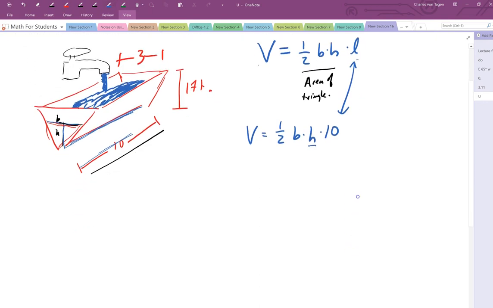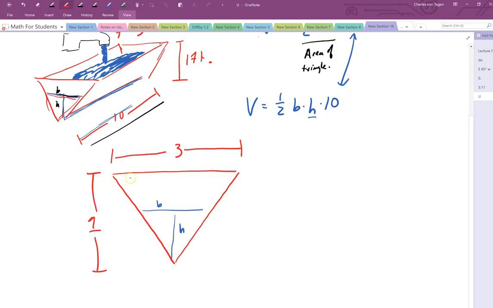Okay. I would like to keep going on that vein of trying to do some substitutions, and so for this, let's look at a cross section of this trough. I've drawn a picture of the cross section of this triangle, and it's not to scale. But remember, we said that the top of the trough had a width of 3 feet, and then the max depth of the trough is 1 foot here, and that gives the outside triangle.